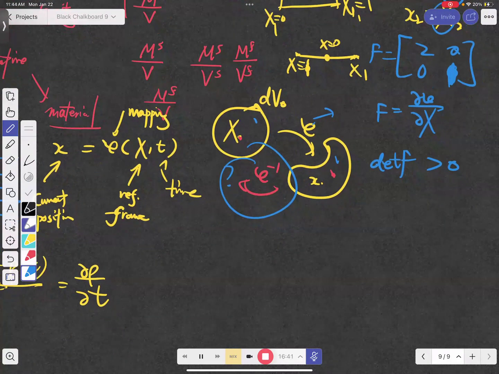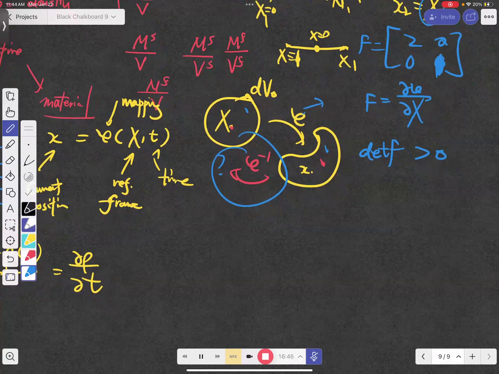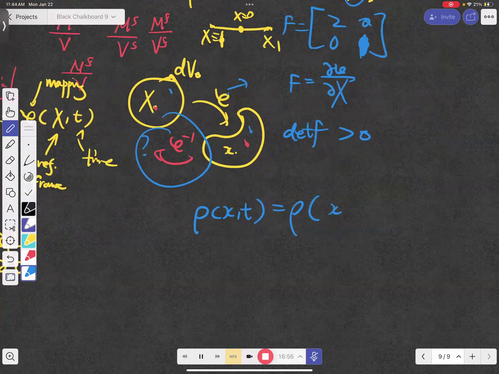What you need to consider is what happens to the density, which is now written not just as a function of the small x in the current configuration, but of this. The coordinate system that you consider, if you want to follow the material, is itself not fixed. It actually changes over time, because you want to follow the material.